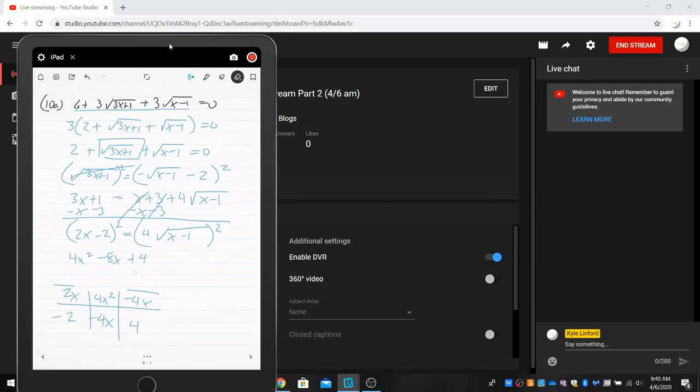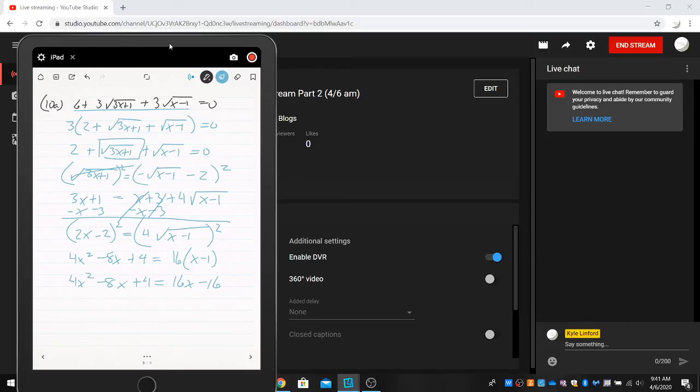That's what I get when I square things or multiply them on the left-hand side. Now, the right-hand side, well, let's just square everything here. 4 squared is 16. And then x minus 1, the root of that squared is just x minus 1. So when we fully simplify, we get 4x squared minus 8x plus 4 equaling 16x minus 16.